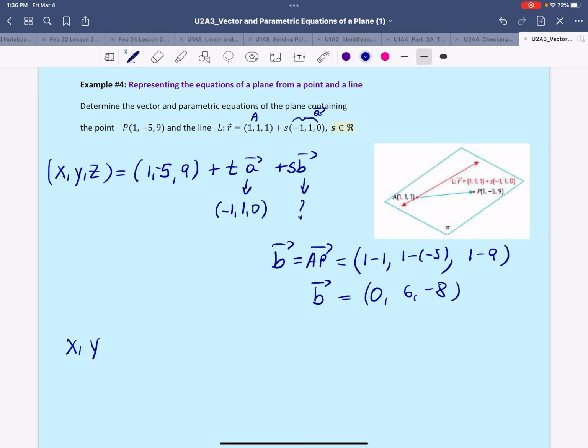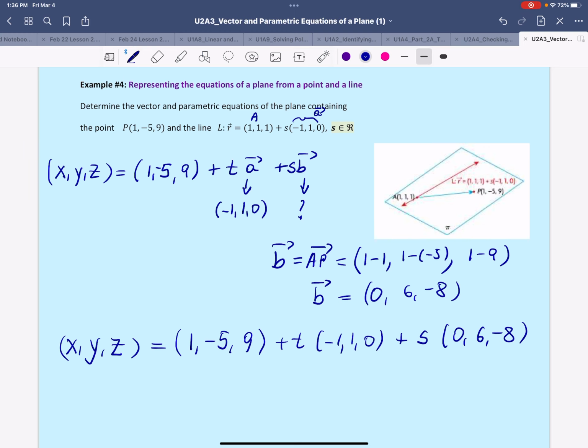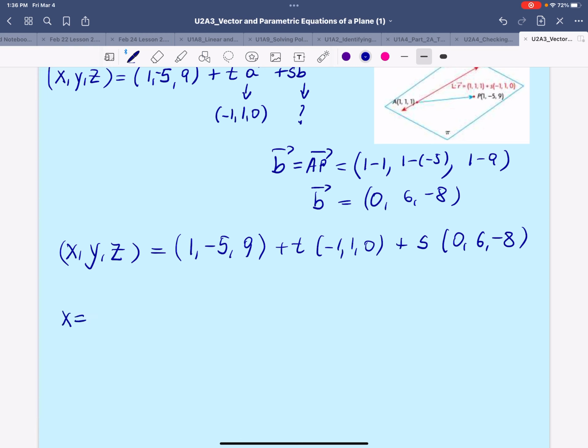But here we go. We have (x, y, z) equals (1, -5, 9) plus t(-1, 1, 0) plus s(0, 6, -8). Now the parametric equations, again, we know that we are connecting the similar coordinates together. So x equals 1 minus t plus 0s, right? So that's a 0. For the parameter y, we have -5, 1, and then 6 in here.